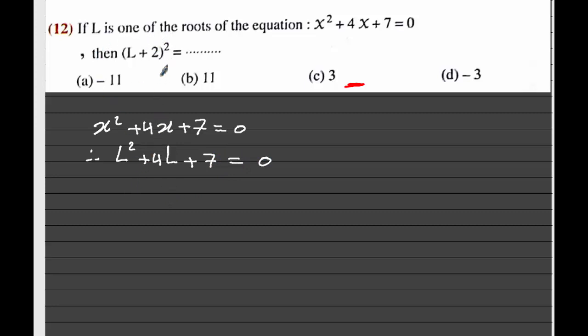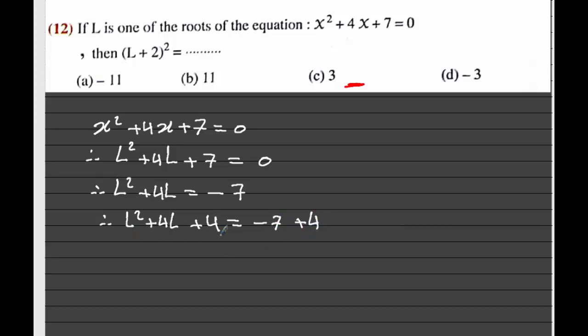Now I want to get this form. Okay. So we can write L square plus 4L equals negative 7, right? So by adding 4 to both sides, we'll get L square plus 4L plus 4 equals negative 7 plus 4. Here we have a perfect square, L square plus 4L plus 4.